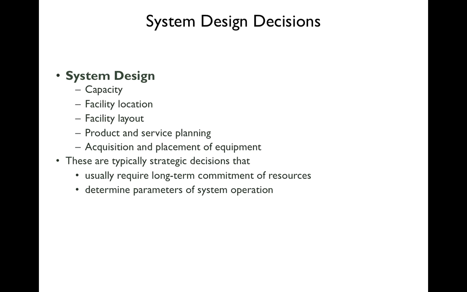Here are some system design decisions. How much capacity do we have? Are we going to have a really large restaurant with a big kitchen, or a small corner restaurant with just a small kitchen? That's a capacity example.